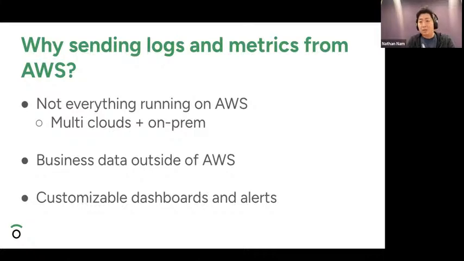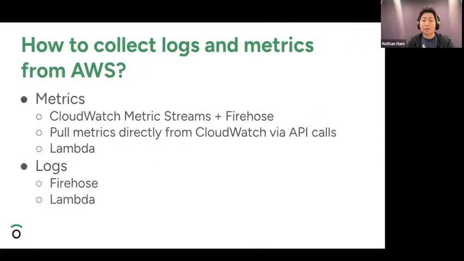Last but not least, customers are looking for more customization of their dashboards and more complex routing for the monitors and alerts, which might not be available in AWS CloudWatch natively. So what would be a typical way to collect these logs and metrics from AWS?